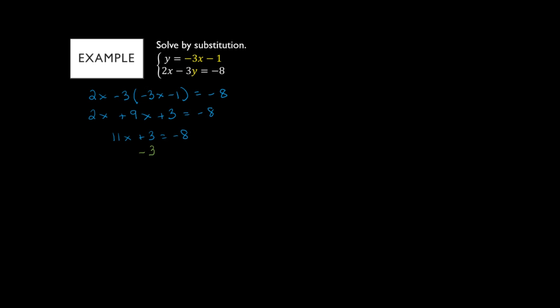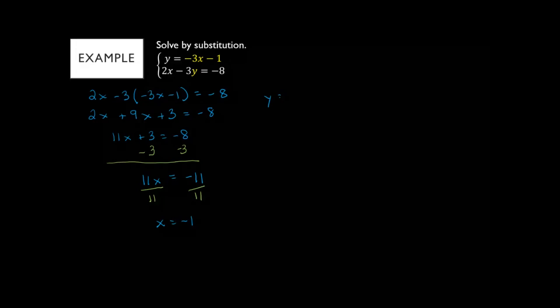I will subtract 3 from both sides. This gives me 11x equals -11. I divide both sides by 11. And we get x equals -1. So now that I know x, I need to determine what y is. So I'm going to take the first equation that we have solved for y.